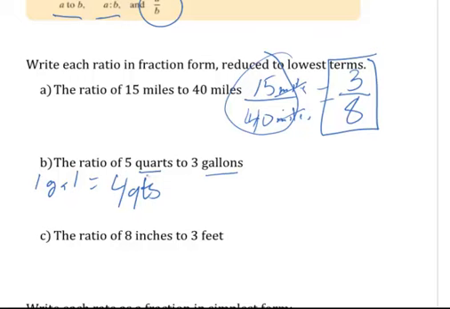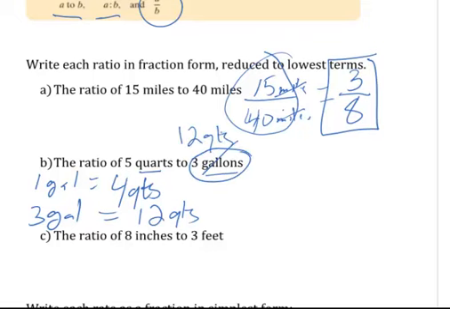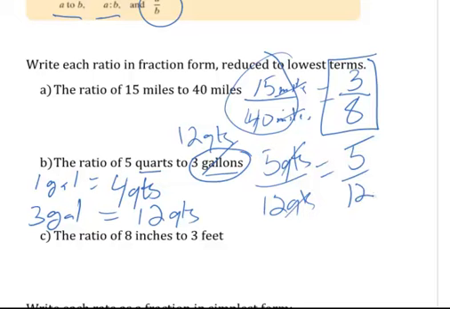So if 1 gallon is 4 quarts, it makes sense to say that 3 gallons would now happen to be 12 quarts. So I'm going to think of this number here as 12 quarts. Now I can go ahead and write my fraction. So this is 5 quarts to 12 quarts. I'm going to go ahead and reduce by getting rid of my units, and I can't reduce 5 and 12 by themselves, so that part will stay like that.